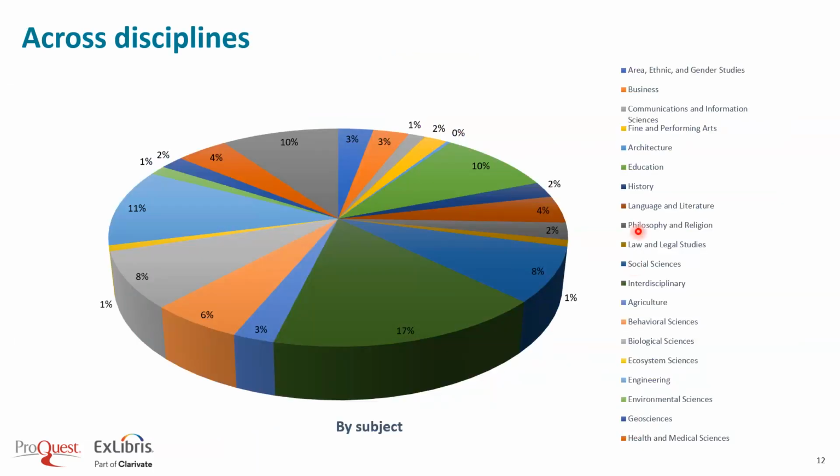Okay. So you may come from a different area of research, or the topic that you want to learn comes from a diverse topic, can be across multiple disciplines. If you see on my screen, the dissertation and thesis platform supports most of the disciplines, including business, communication, architecture, social sciences, agriculture, biological science, environmental science, engineering, science, health and medical sciences, and so on.